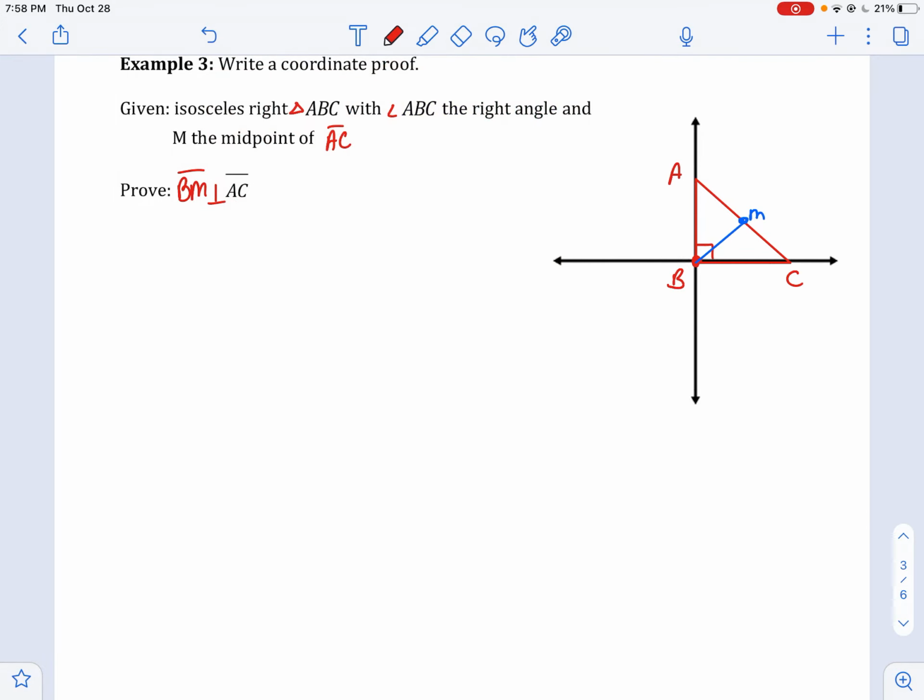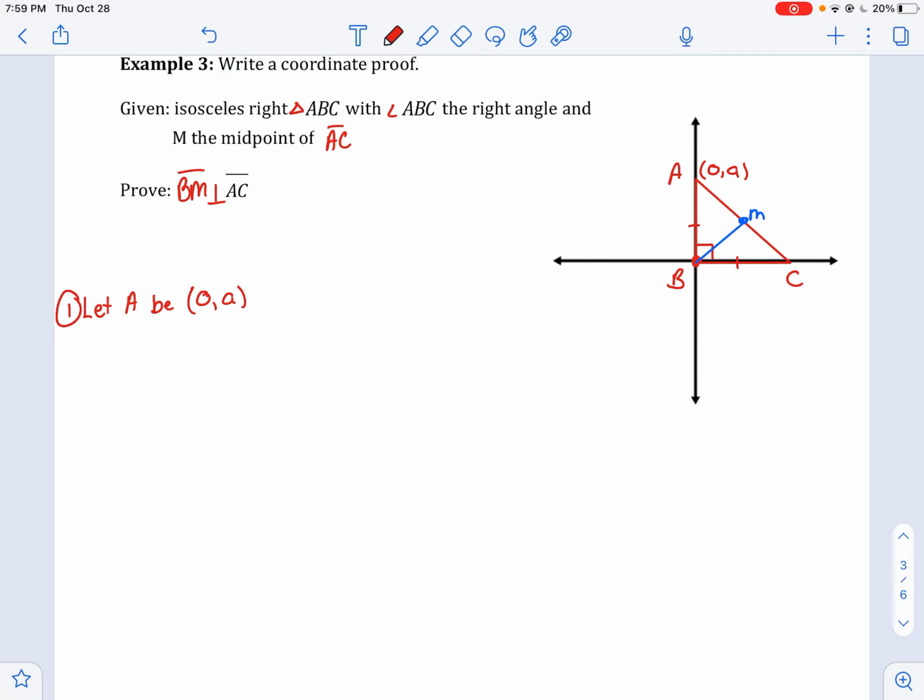Let's establish some coordinates. I'm going to let A be 0, a. We said this was an isosceles right triangle. So this is a units long, which means that this is also a units long on the bottom.